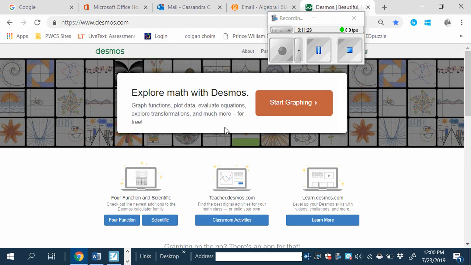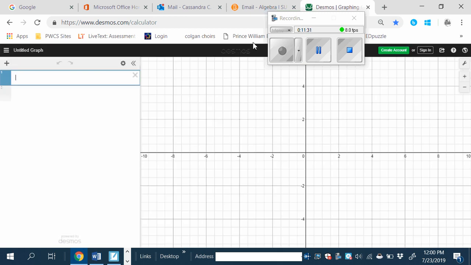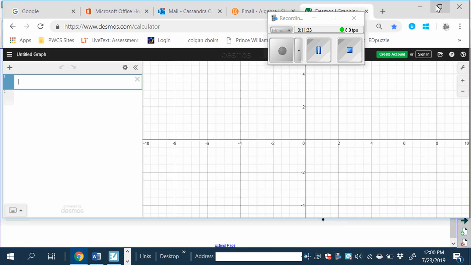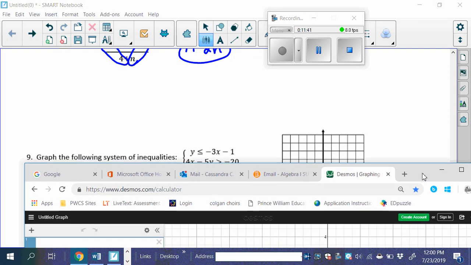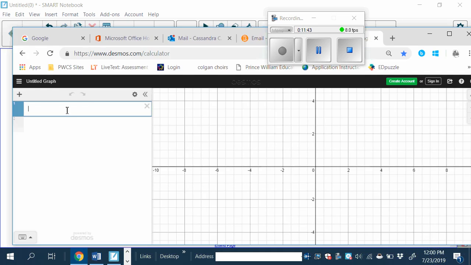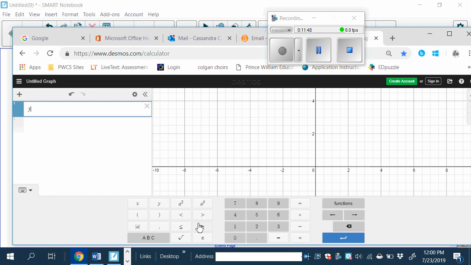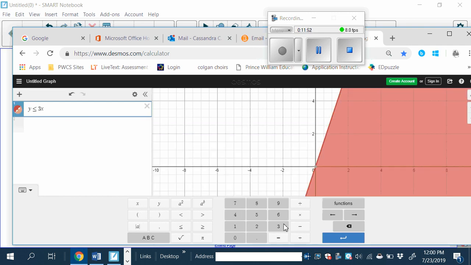Okay, so big thing for that is, let's see what our problem is again. We've got y is less than or equal to negative 3x minus 1.